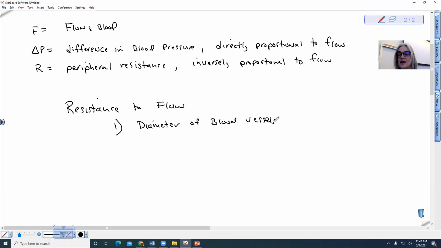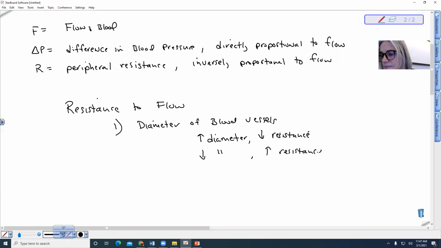So if you increase the diameter, like in vasodilation, right, you decrease the resistance. If you decrease the diameter, then you increase the resistance. And so we say that blood will flow in the path of least resistance.